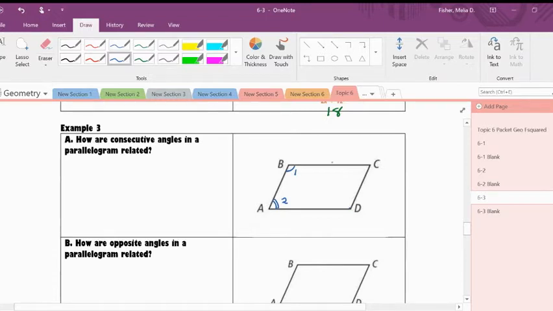If this is a parallelogram, then we know that these sides are parallel, which means if we extended them and looked at this transversal, angles 1 and 2 would be same side interior angles, which would mean that they are supplementary.